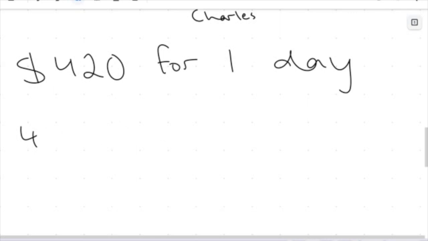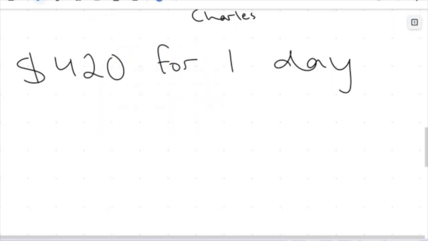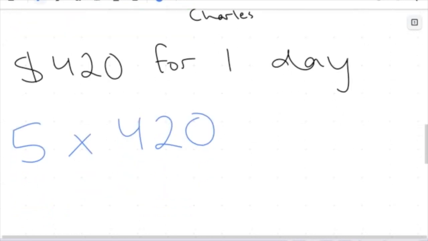So I can write this as, well, to find out how much money he has left, I can take my 5 groups and multiply it by 420. But now, the next bits, he buys a TV for $369 and he also gives $110 to his friend. So he is taking the money he's earned this week.